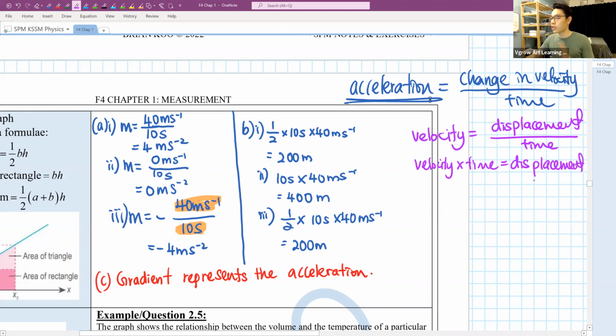It is not distance because of the formula. If you use velocity, then it must be connected to displacement, because velocity is a vector quantity. Speed is a scalar quantity. They are a bit different.